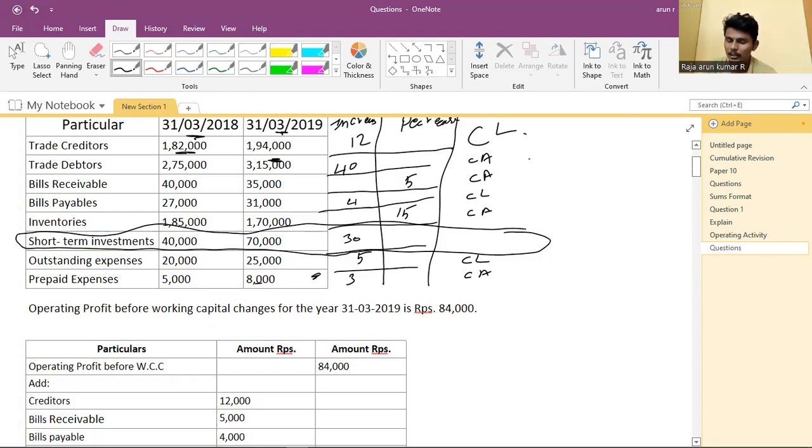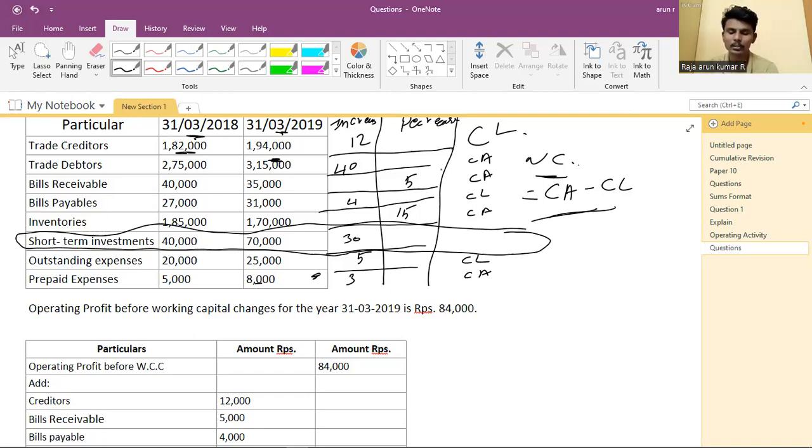Another formula is also there: current assets minus current liabilities equals working capital. That concept only we do. Opening balance minus closing balance gives the changes, and then for working capital, we add and less it, so we can understand current asset and current liability.